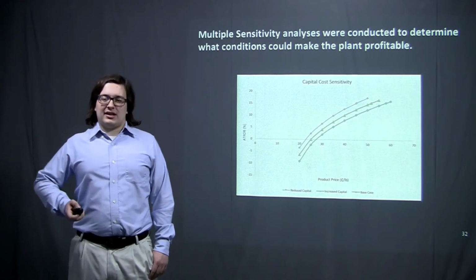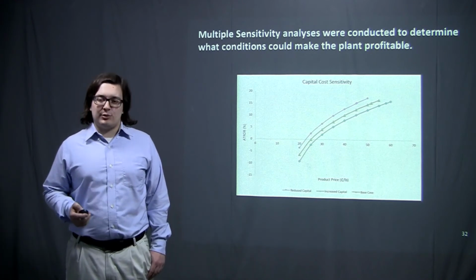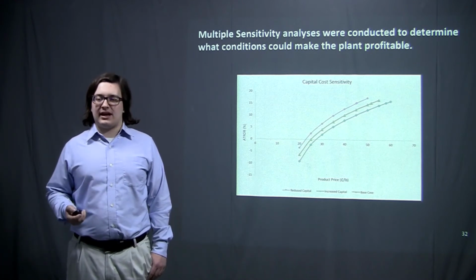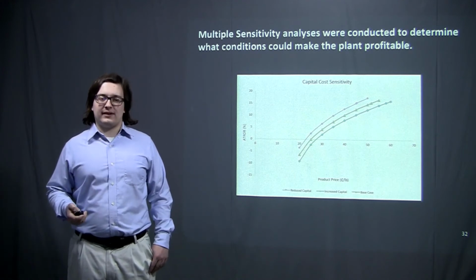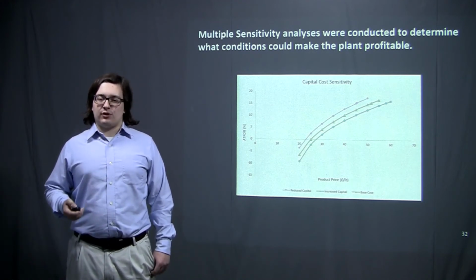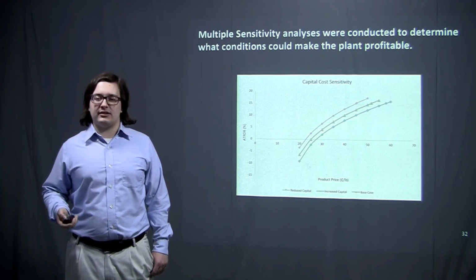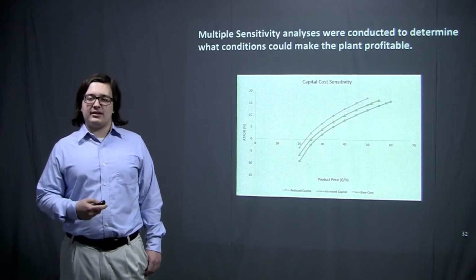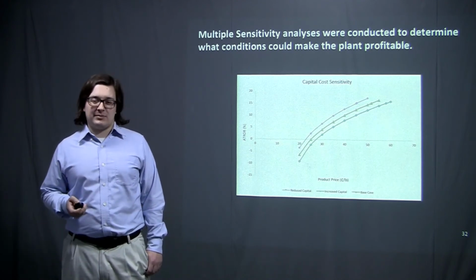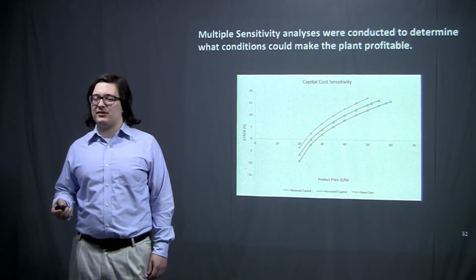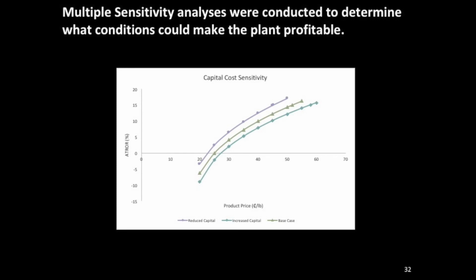The next step in our economic analysis was to conduct some sensitivity studies. We wanted to see how economic factors and project variables would affect the overall profitability of the process when varied. So this first slide is changing the capital costs. We increase the capital costs by about 15%, and then we decrease them by about 15% to note the change in our economics.